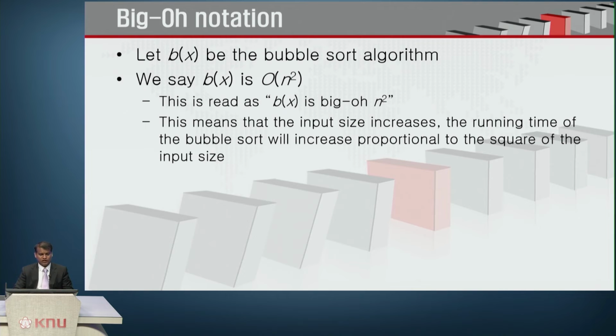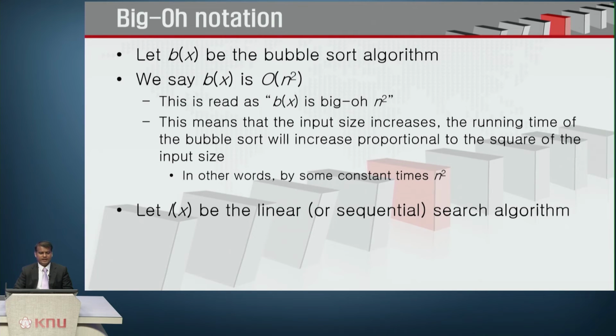The two are proportional to one another: the number of inputs as well as the runtime, proportional to the square of the input size. So n is the number of inputs, and with the constant, we have n square.